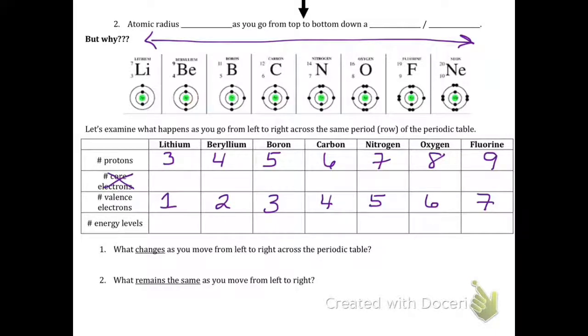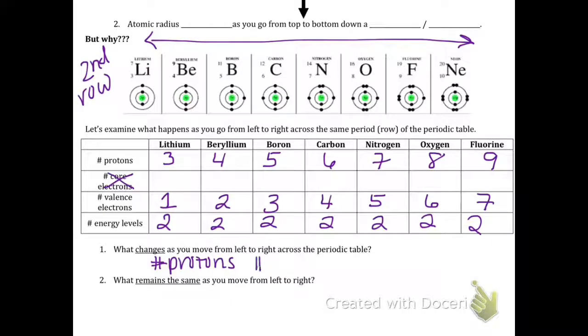Now, all of these elements are in the second row. Second row means they have 2 energy levels. They all do because they're all on the second row. So let's find out some patterns. What changes as we go from left to right? The number of protons changes, and the number of valence electrons.